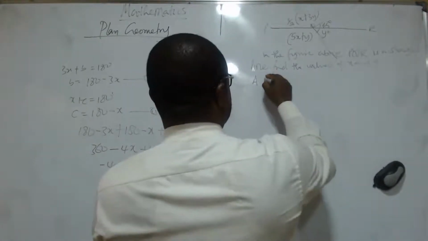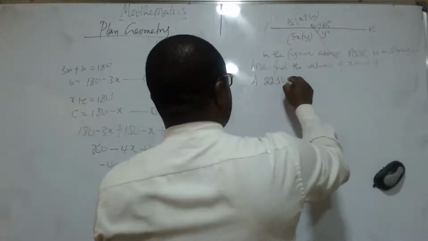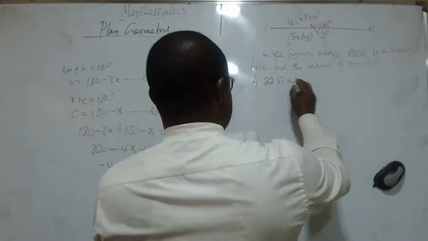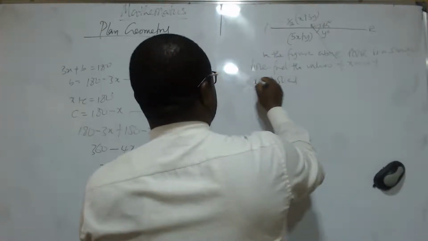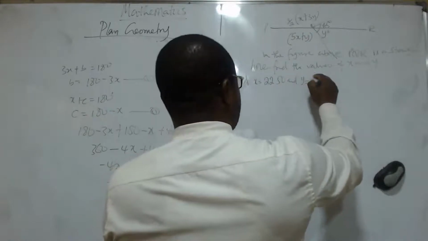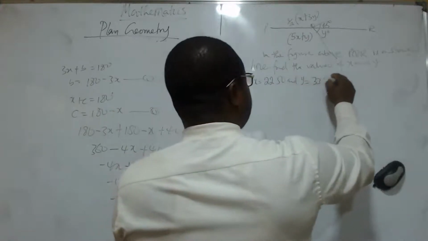We are given A: X equals 22.50 and Y equals 33.75.